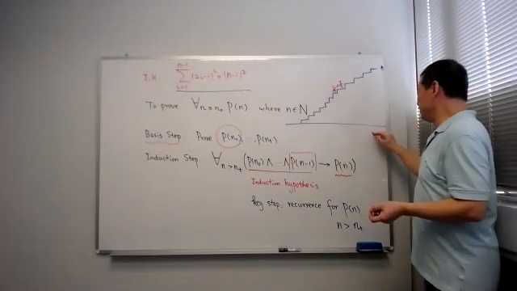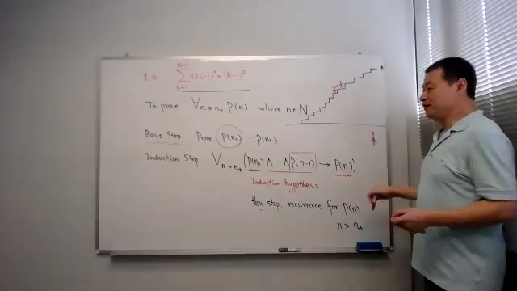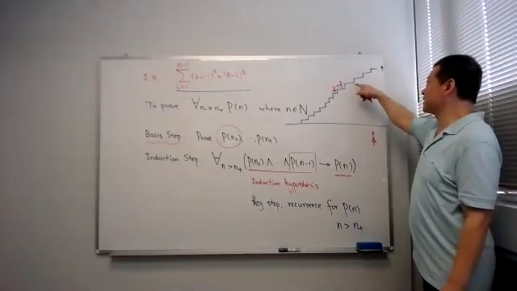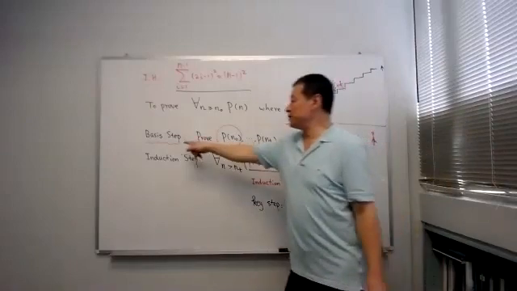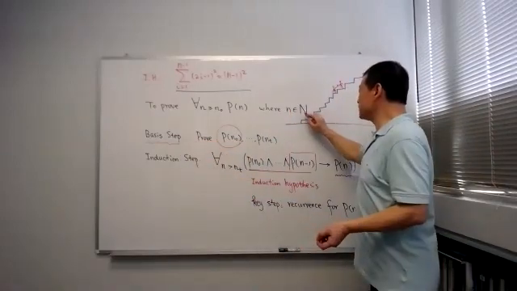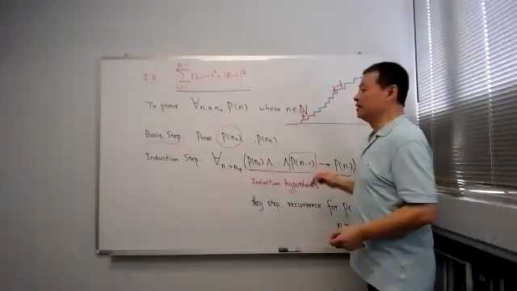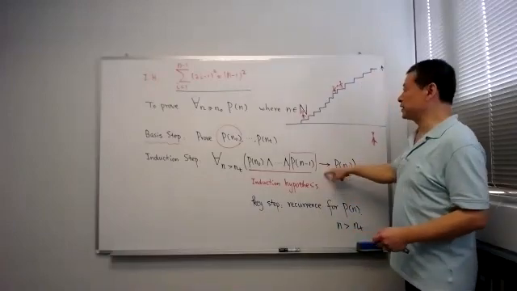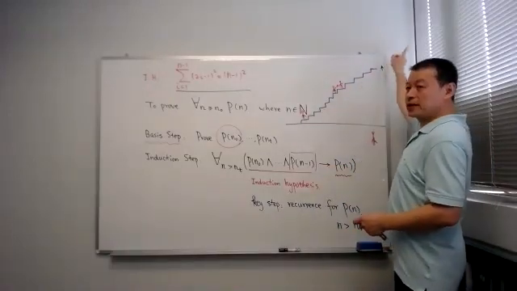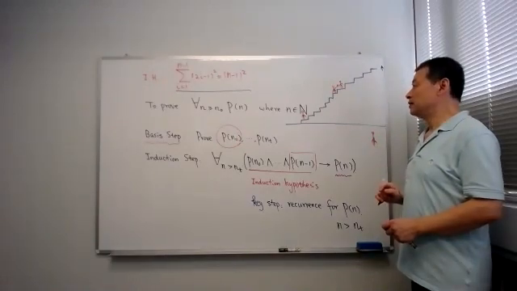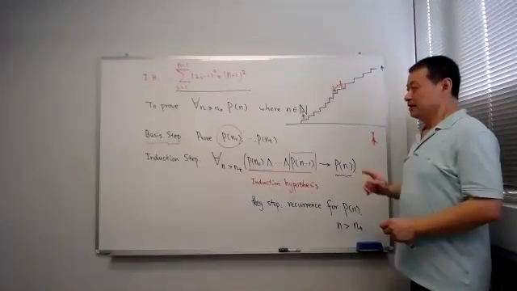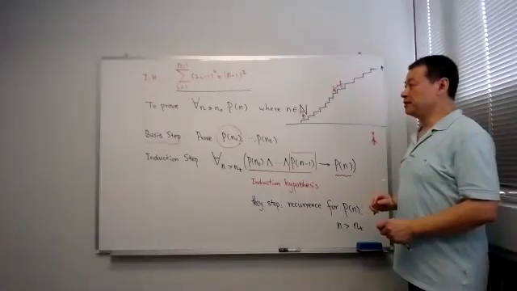If you are not on the stairs, even if you guarantee the induction step, you cannot get to heaven because you are not somewhere on a step. So this one guarantees you are somewhere on a step. Maybe initially you are here. Then together with the induction step, it guarantees you can keep on going up to heaven. So both steps are very important.